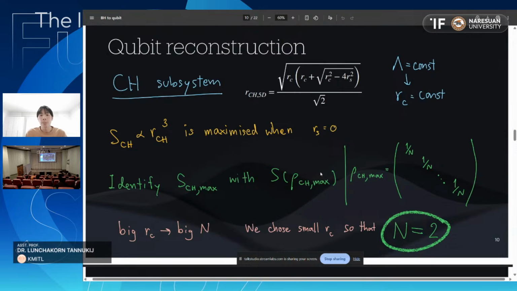And when it is maximized, it is maximized at RS equals 0. You can also verify that yourself. Since it has its point of maximum entropy, I'm going to try to find a qubit which maximizes its entropy under some kind of condition.